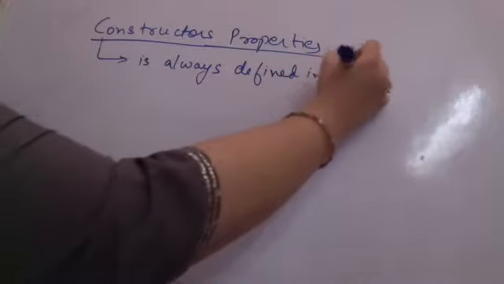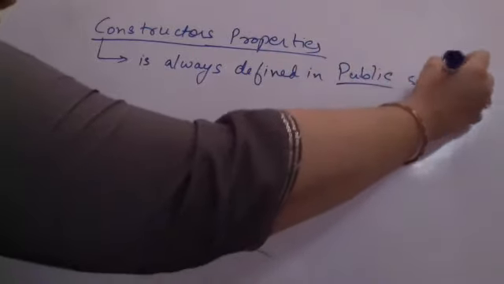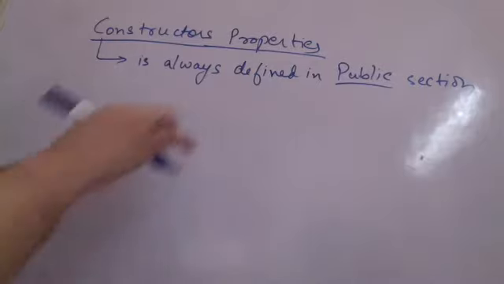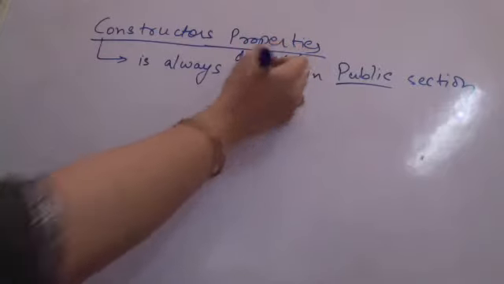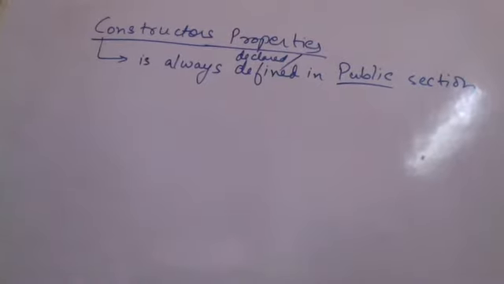You will define it only in the public section. It can be inline, it can be outline, that is up to you. You can define it inside the class or outside the class, up to you. But whether declared or defined, it has to be done in the public section and not in the private section.